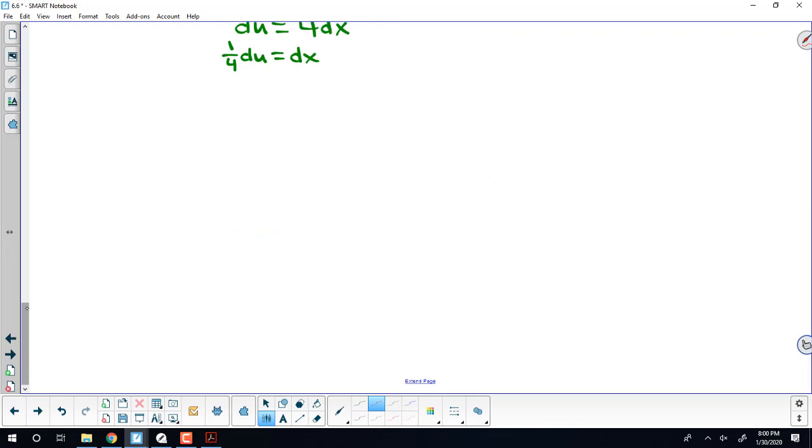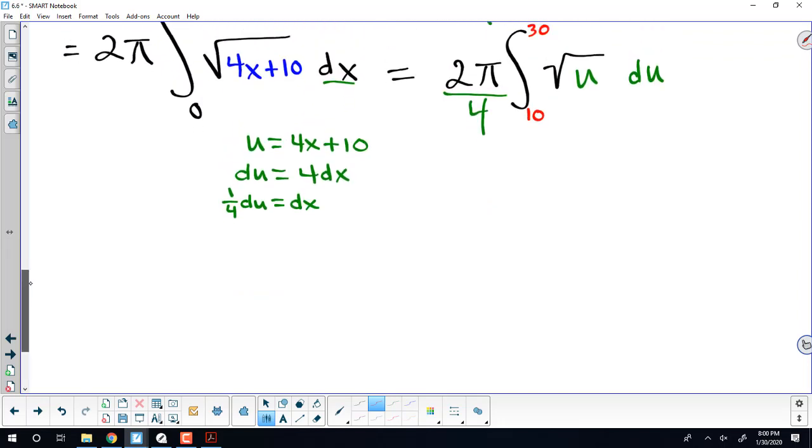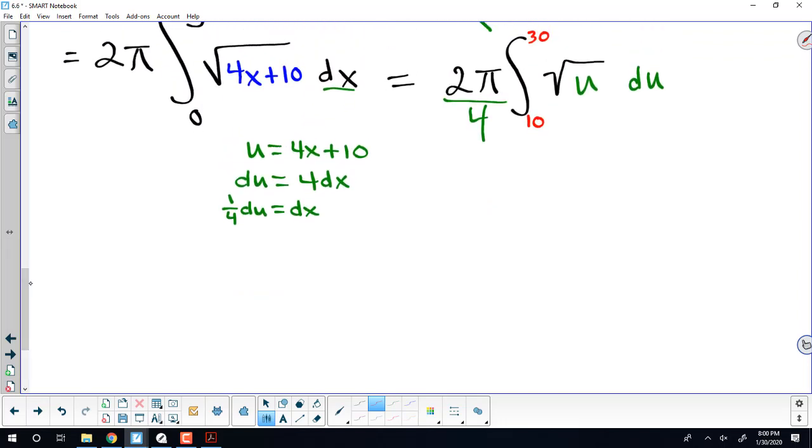Is it cool to just put it back into x afterwards? Yeah, you can find the antiderivative, u to the 3/2 times 2/3, and then say that's 2/3 times 4x plus 10 to the 3/2, and then use 0 to 5 if you want. Yep.